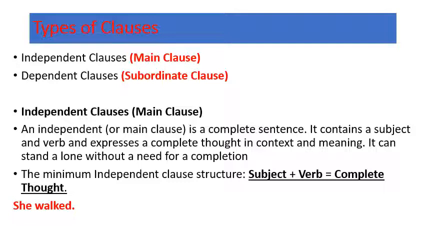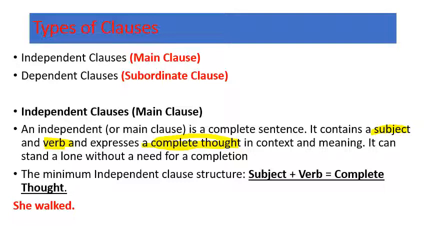Let's read my explanation here in this slide. An independent or main clause is a complete sentence. It contains a subject and a verb. Minimally, the structure of an independent clause is a subject and a verb, and it expresses a complete thought, a complete thought in context and meaning.